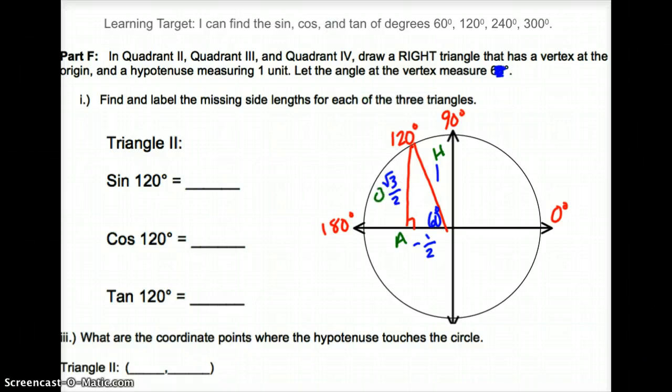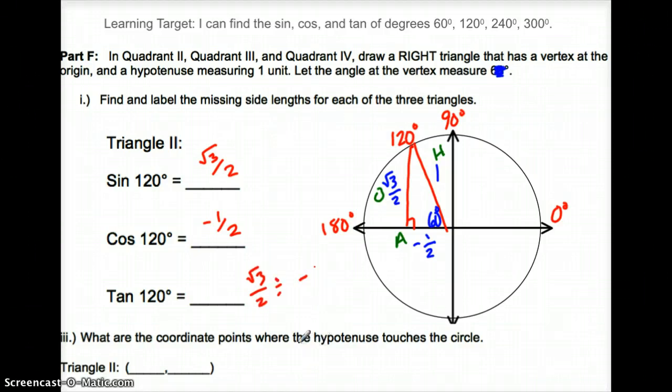So then when I run through sine, cosine, and tangent, sine O over H, radical 3 over 2 divided by 1, just be radical 3 over 2. Cosine, A divided by H, is going to leave me with negative 1/2. And then tangent, it's the same as before, radical 3 over 2 divided by a negative 1/2.